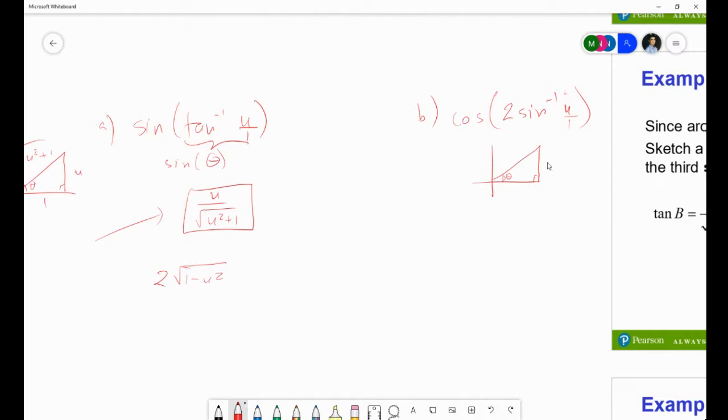And the cos 2θ, I remember, is equal to 1 minus 2 sine squared. That's right. So we can find out what sine is equal to, right?